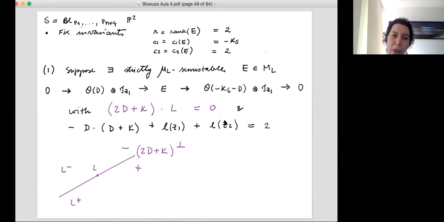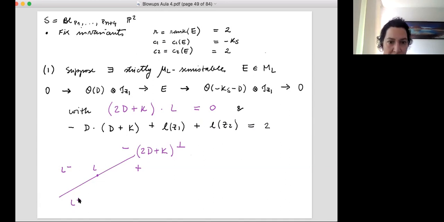Whenever I have one such D, I get in my space of hyperplanes a hyperplane defined by 2D plus K. This is the hyperplane of all polarizations L that intersect 2D plus K in 0. And then here I denote by L minus a polarization on the negative side of the hyperplane, and by L plus a polarization on the positive side of the hyperplane.